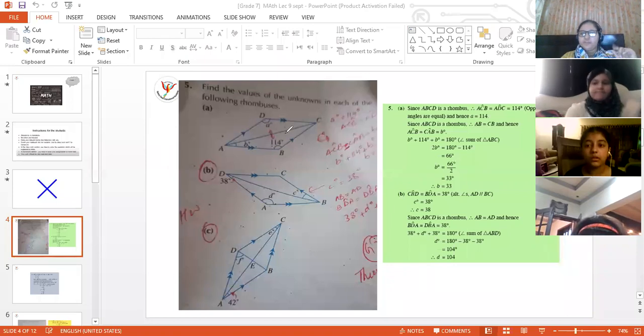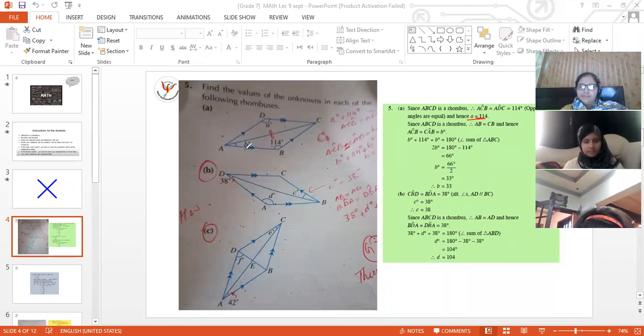In a rhombus, the opposite angles are equal. That is the first property. So if this is a degree and this is 114 degrees, it means that a degree is equal to 114 degrees. So simple, a will be equal to 114 degrees, right? The other part is b degree.